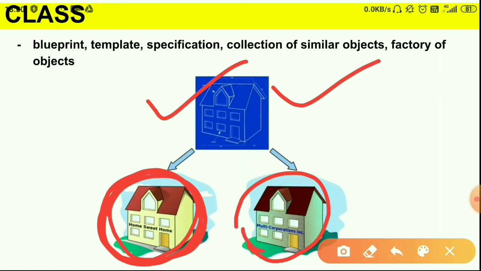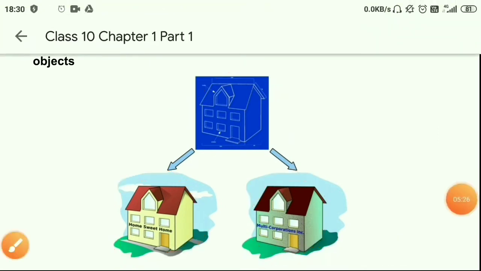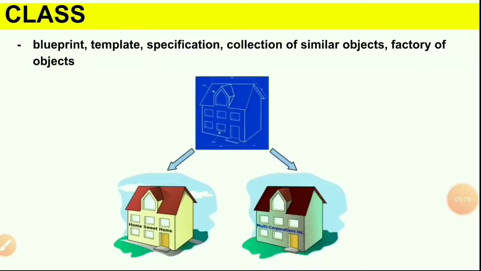So this second house is the second instance. Okay, so the name of the house you can give anything, it does not matter. You can call house 1, house 2, or my house, your house. The name of the object is not that important, but what is of importance is that both the houses that you are seeing on your screen belong to the house class.